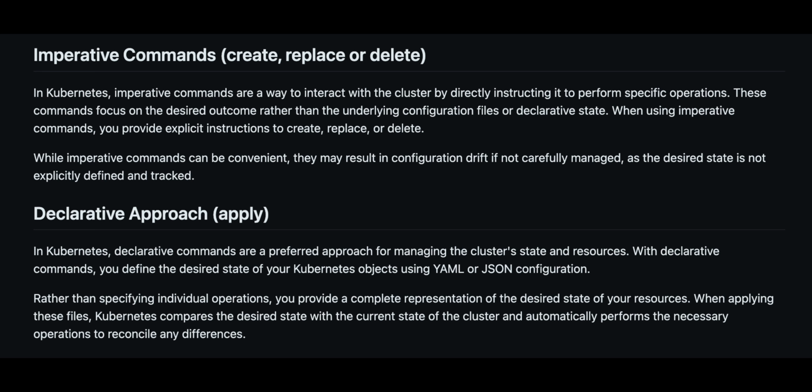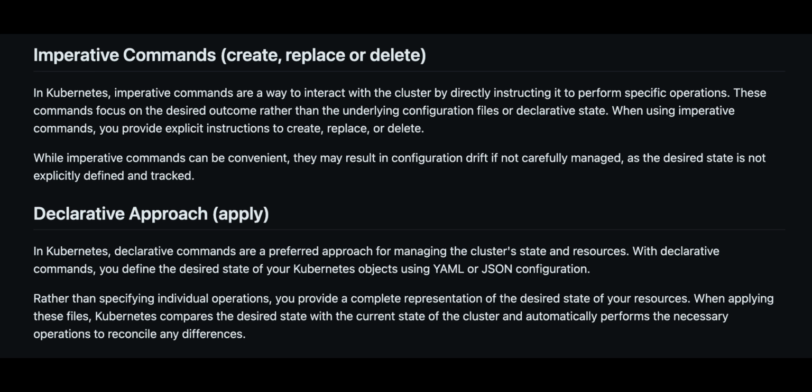Basically in Kubernetes, imperative commands are the way you interact with a cluster by directly instructing it to perform specific actions. Let's say there is a cluster and you ask the cluster, hey cluster, I want to create the pod. If you do that, that is called an imperative operation or imperative command.